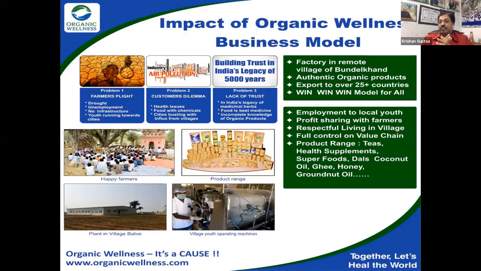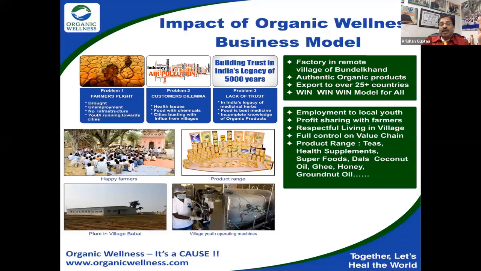We do not even have transportation. We have to send our goods about 40-45 kilometers, and the nearest big city is Jhansi. Forget about a railway station or any other local infrastructure. Even for a small nut, we have to go 40-50 kilometers or maybe beyond. Power is a major issue.